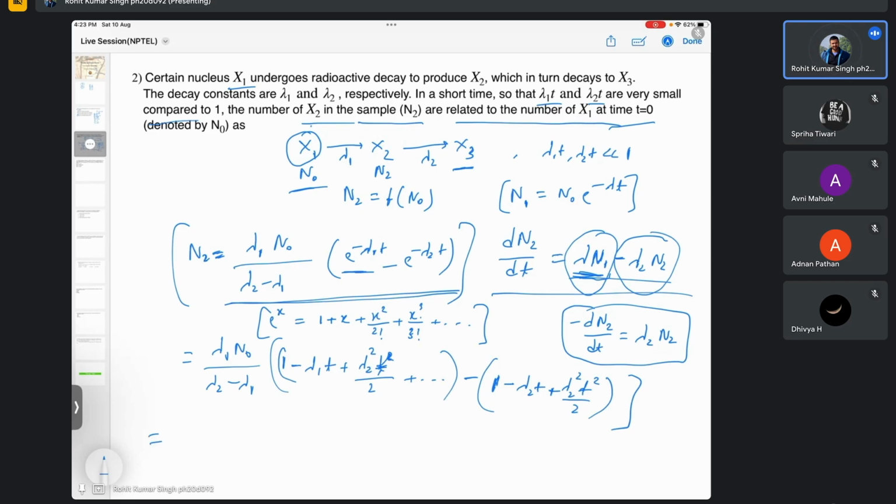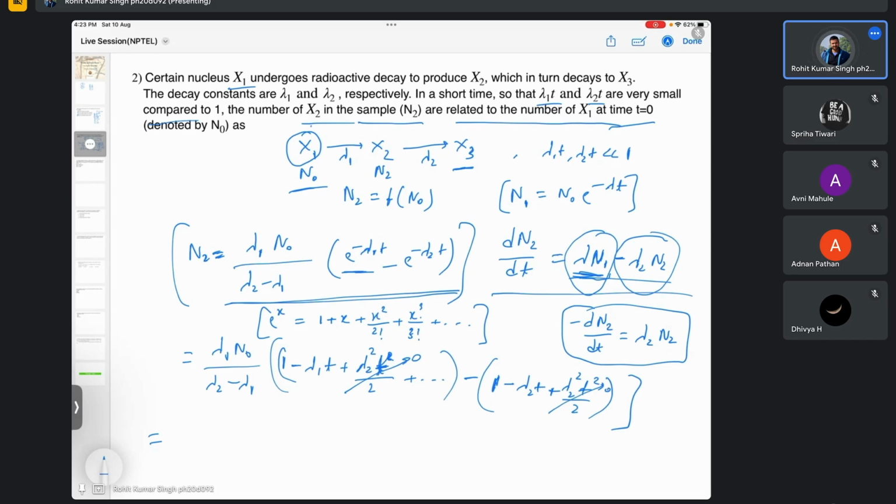Let's simplify this further. Since time is very small, the order of 2 terms will also not contribute, so let's put these also to 0.